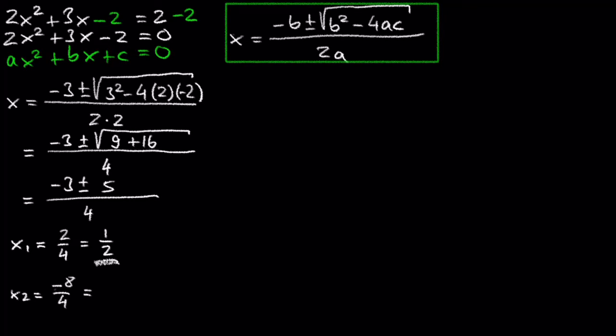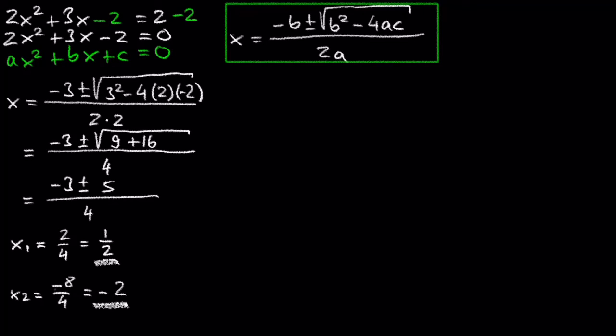And negative 8 over 4 is negative 2, which is our second solution. So the solutions are 1 over 2 and negative 2, and we are done with this problem.